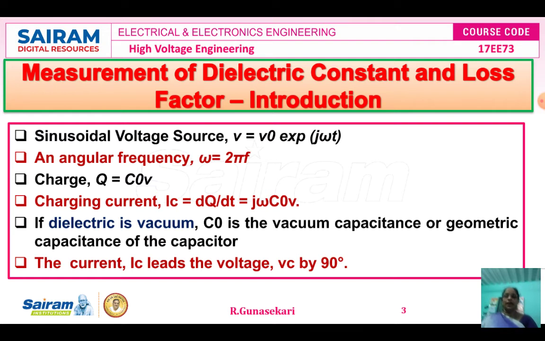Suppose the dielectric medium is vacuum. C0 is the vacuum capacitance or the geometric capacitance of the capacitor. The charging current IC leads the voltage VC by an angle of 90 degrees.